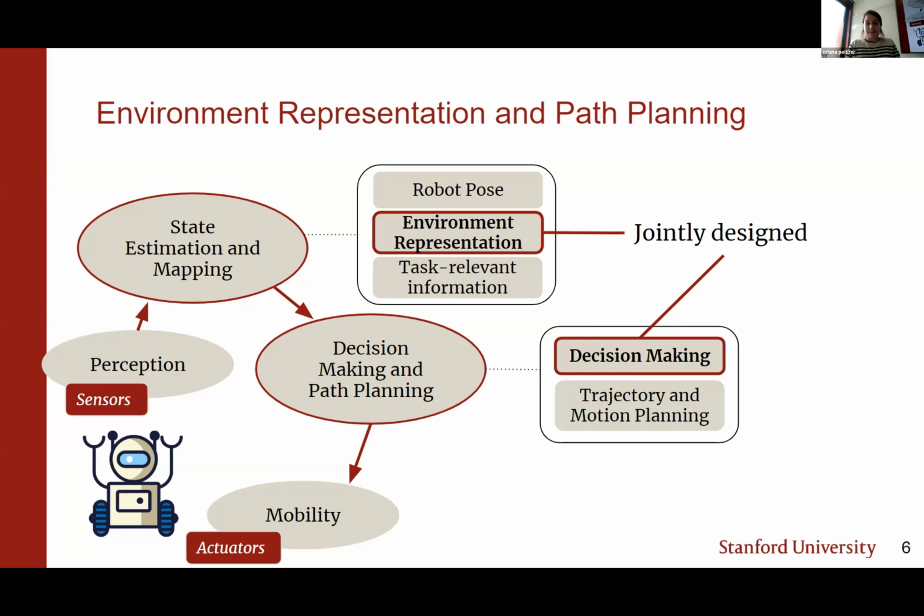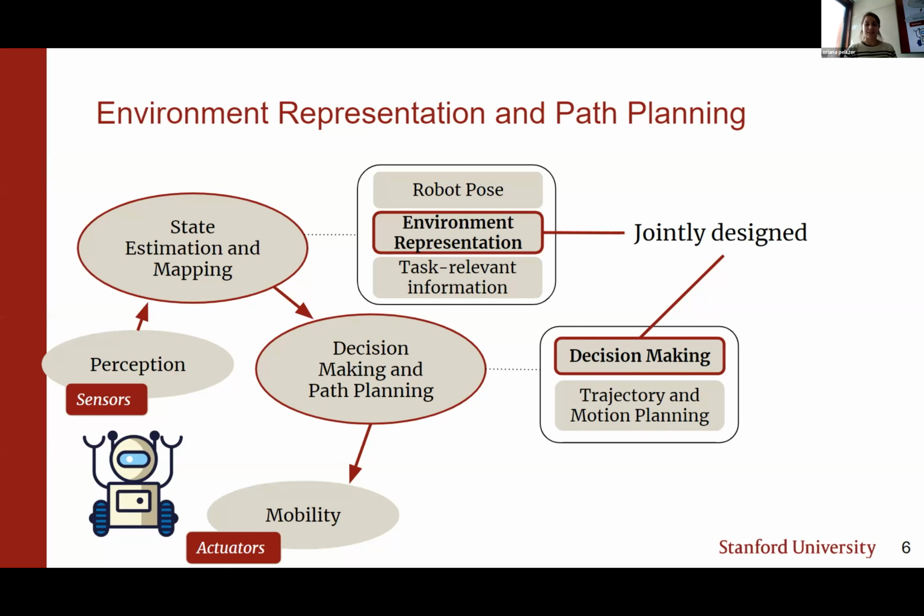The point I want to make here is that you really need to design the environment representation and decision-making algorithm jointly, because the problems that affect one are also going to affect the other. If you have errors or disturbances affecting your environment representation, it's going to propagate into decision-making. And the decision-making algorithm is going to be subject to some computational limits.